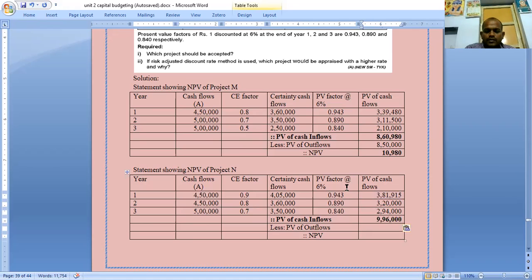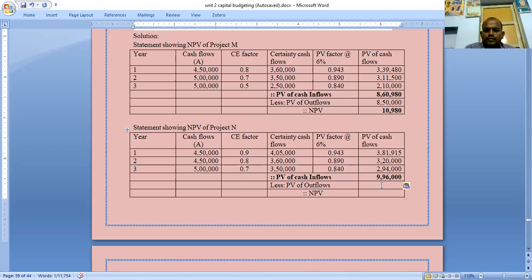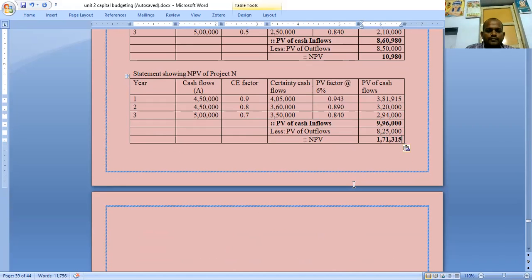Total of present value of cash inflows is 9 lakh 96,000 and PV of outflows for this project N is 8 lakh 25,000. So the NPV is 1 lakh 71,315.